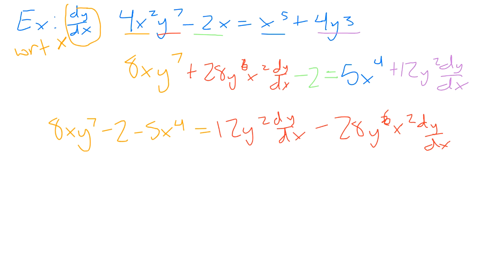My sad handwriting, I apologize. Now we can factor out a dy over dx. So where we have 12y squared minus 28 x squared y to the 6th, dy over dx, and that's going to be equal, once again, to our original 8x y to the 7th minus 2 minus 5x to the 4th.